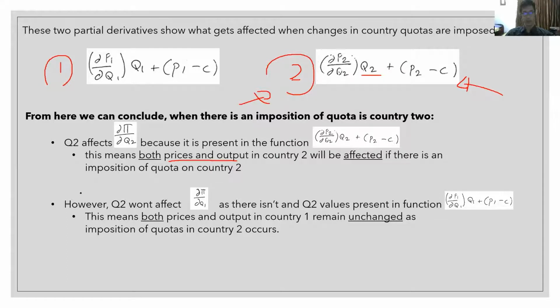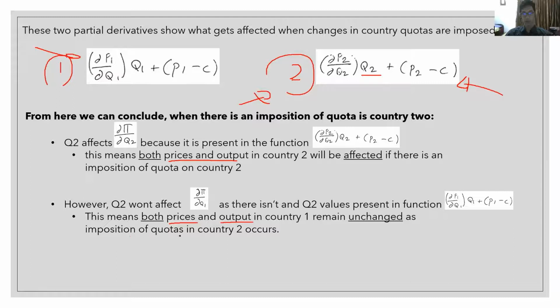That goes without saying. However, Q2 will not affect the profit function of country 1, as there is no Q2 value present in function 1. This means that both prices and output in country 1 remain unchanged.